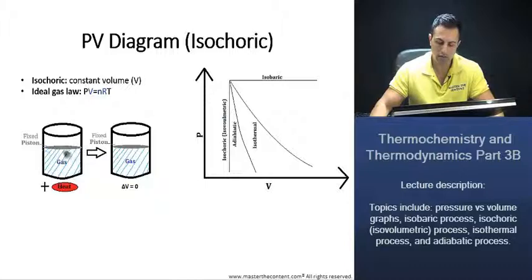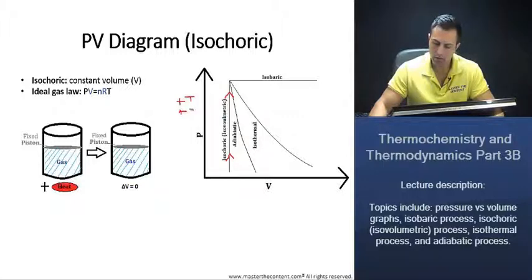If our piston here is fixed because it is constant volume, then with any increase in heat, we won't see any change in volume. What's actually happening is, as you go up our isochoric line here, we see an increase in temperature.